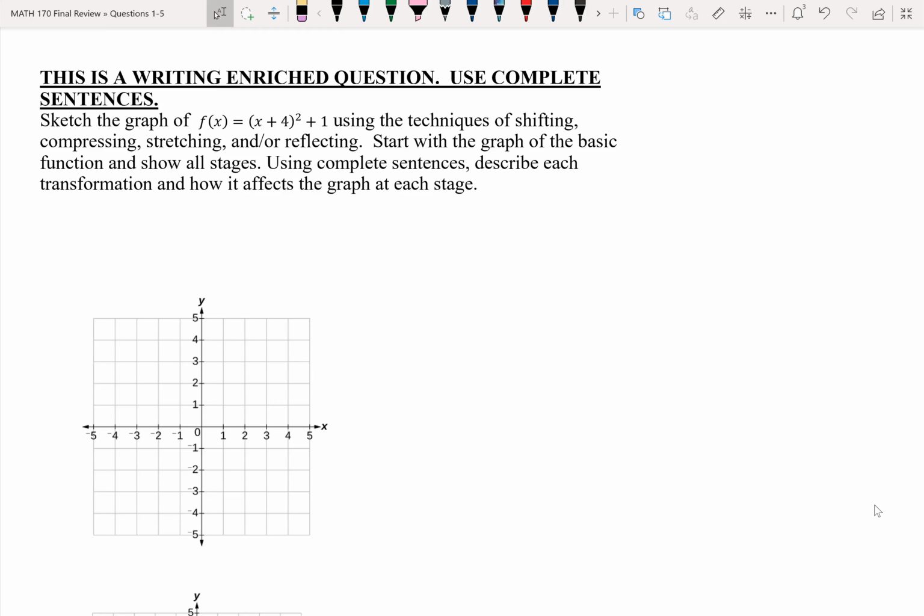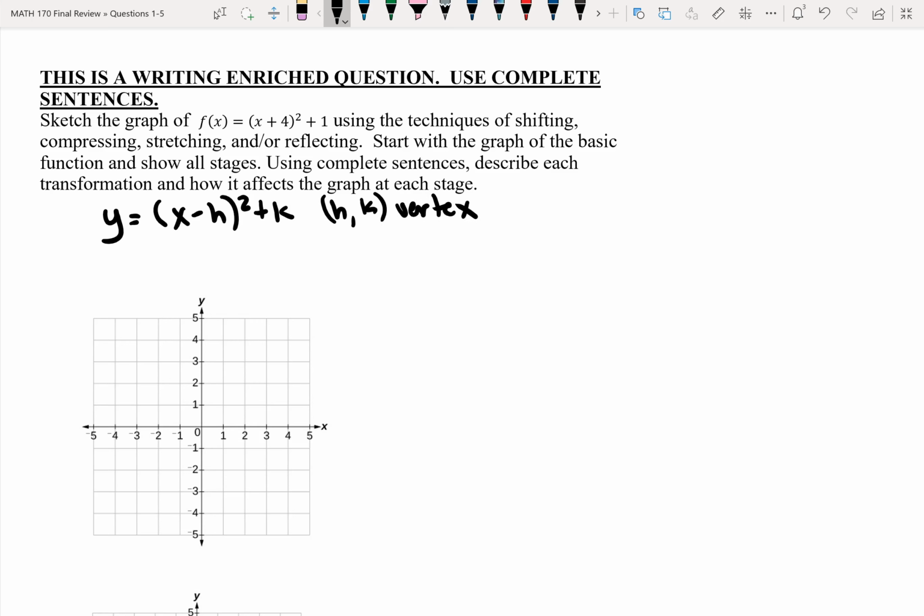Okay, so if we're using the techniques of shifting, compressing, stretching, and reflecting, and we have this function, that means that we're going to be thinking about the vertex form of a function, which is y is equal to x minus h squared plus k, where h and k are the vertex.